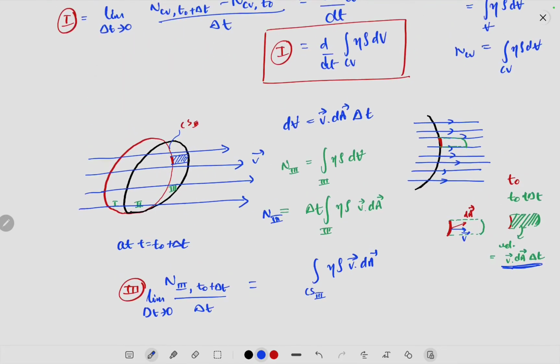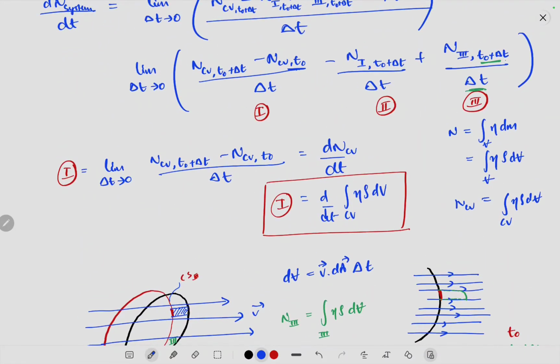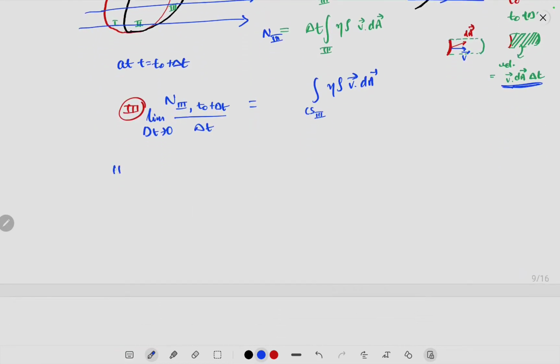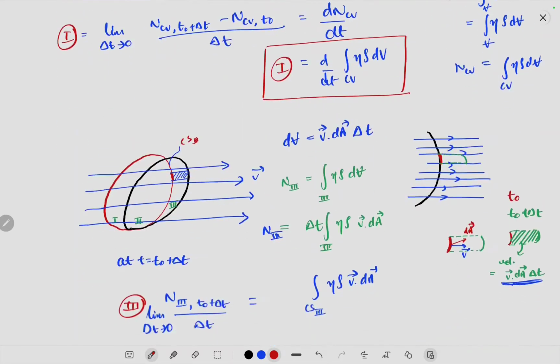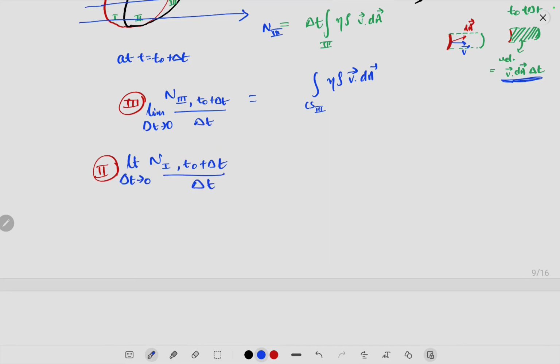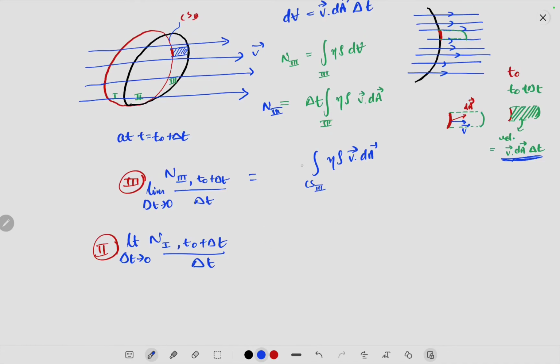Similarly for term 2, which is N1 at t naught plus delta t, limit delta t approaches 0, divided by delta t, with similar arguments we will get the integral over CS1 of eta rho V dot dA.